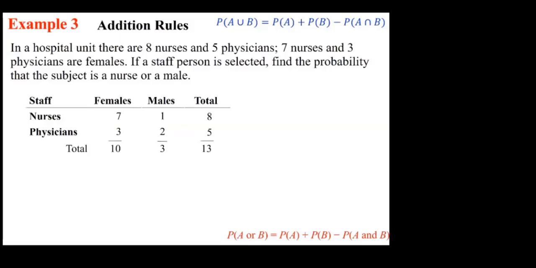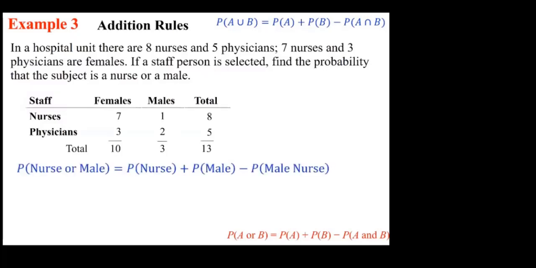Now that we have that, we want to find the probability that the subject is a nurse or a male. So the probability of nurse or male. We are looking at this union of events. And so the probability of A plus the probability of B minus the probability of A intersection B, that means the probability of nurse plus the probability of males, the probability of N and M, if you will, minus the probability of those that are in common between the nurses and the males.